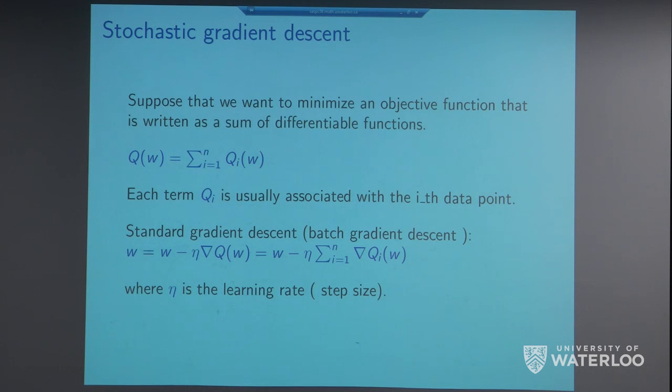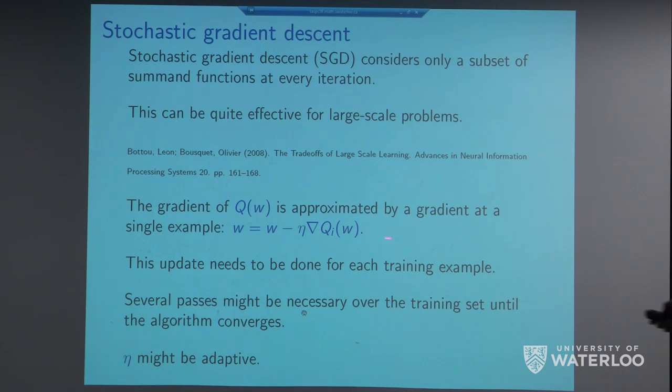For every single point, if you want to compute the derivative with respect to the weights or your parameters, you have to go over this summation, which is the derivative of the objective function with respect to all of the points. So instead, we take the derivative with respect to the parameter for that single point that we are feeding to the network. It's called stochastic gradient descent. So this is not the sigma, this is the gradient at that point.